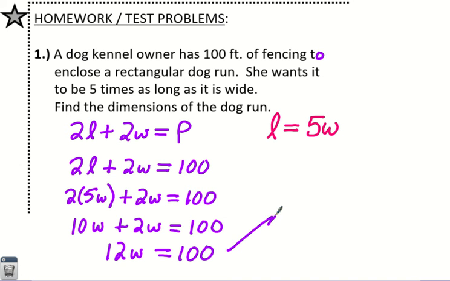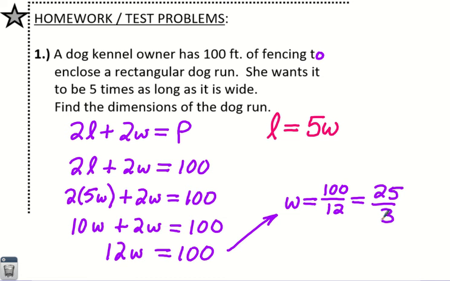Well, you know what that means. I'm going to say that W is 100 over 12, which means 50 over 6, which means 25 thirds.